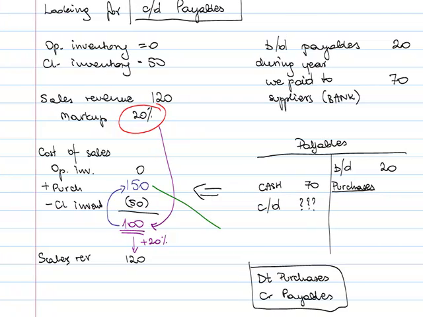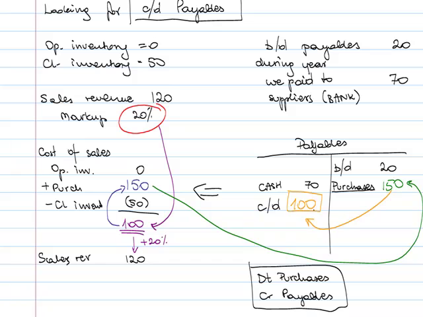And if purchases were 150, then our carried down balance must be 100. Alright, this is how a solution to an incomplete records problem looks like.